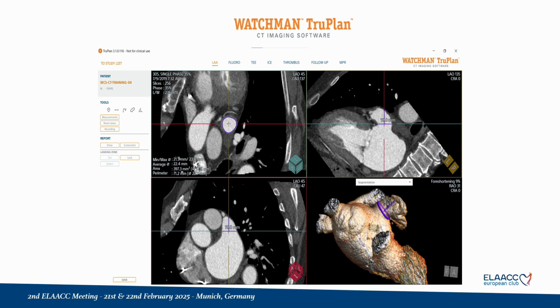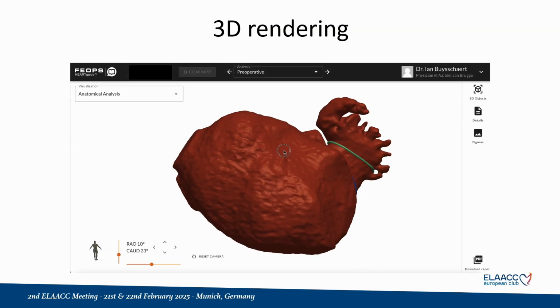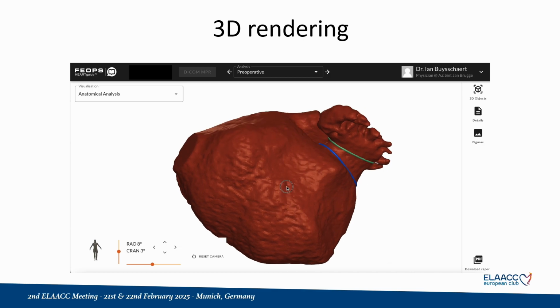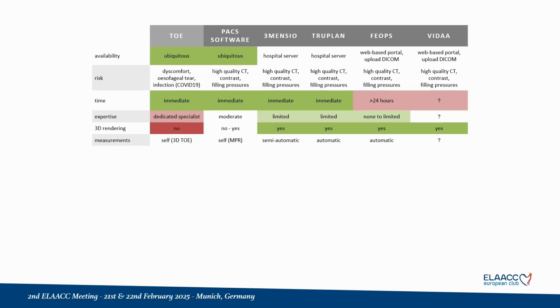You have it also with TruePlan and with FEOPS, where you can play around and you can see how it configures. VIDA does the same. But I think the 3D measurements are a must, and in Trimensio it will be semi-automatic for you, same as TruePlan and FEOPS as well.